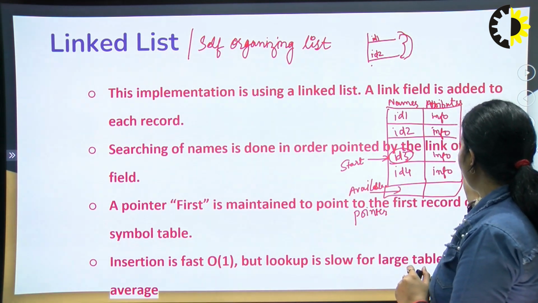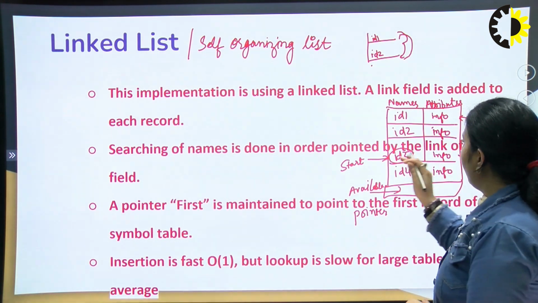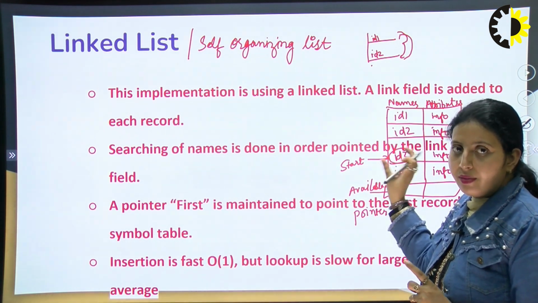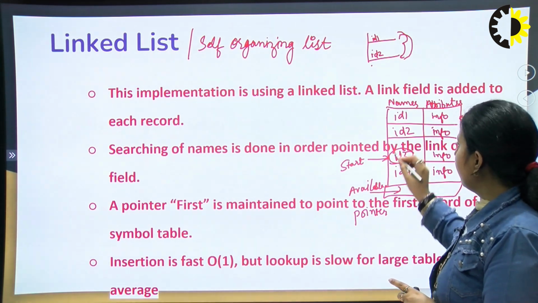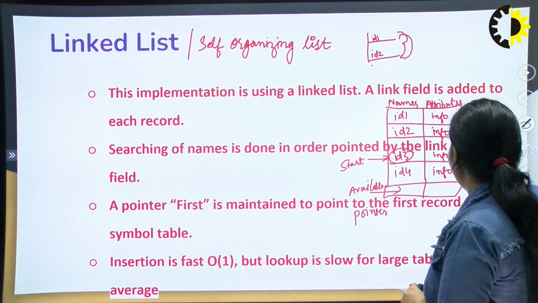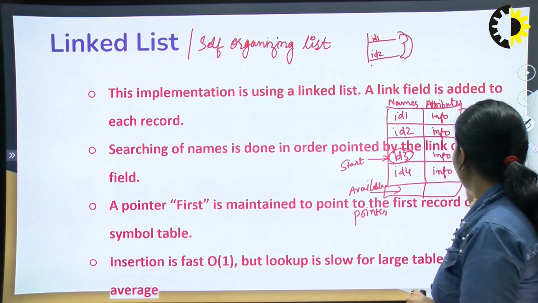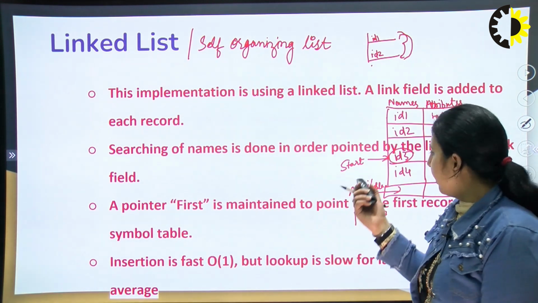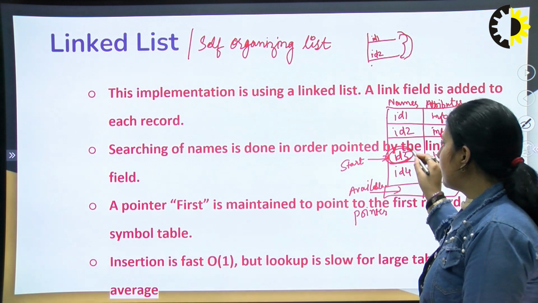Suppose there is a link from here to here, this is the highest searched identifier, the next identifier searched less than this is ID2, then ID1, and here can be ID4.